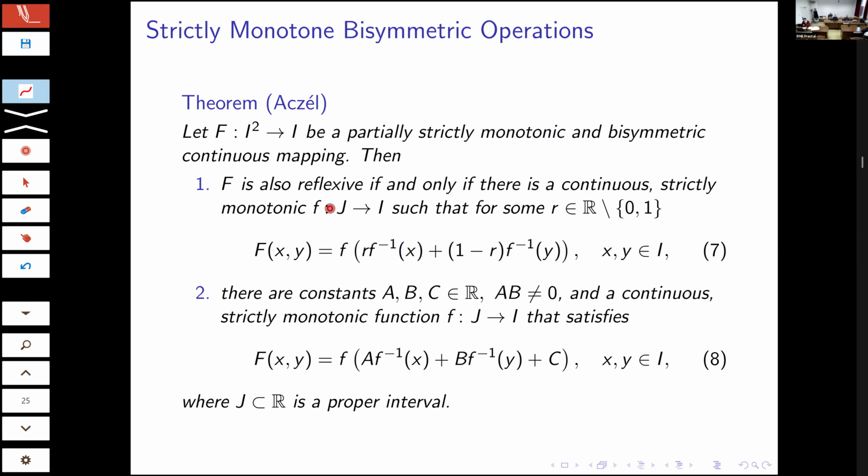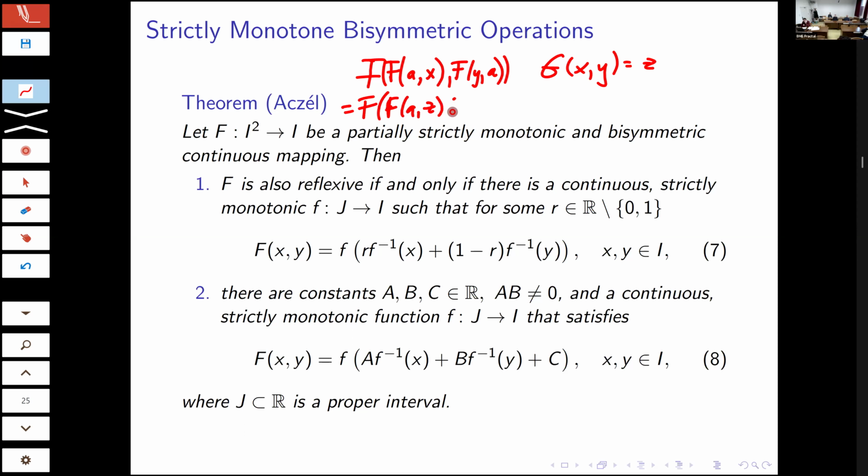So the original idea of Acel was that he defined a function. I have originally F, and he defined a G so that F(G(x,y), A) is equal to Z if F satisfies that, and he takes any A, but it's fixed: F(x, A) F(y, A) equals F(A, Z) F(Z, A).